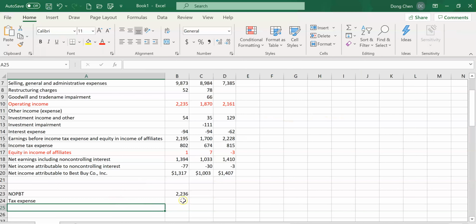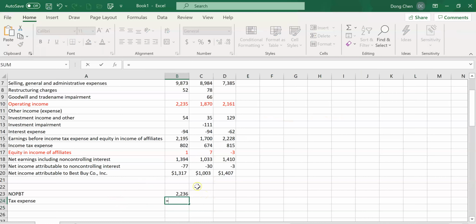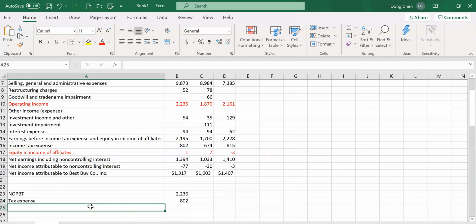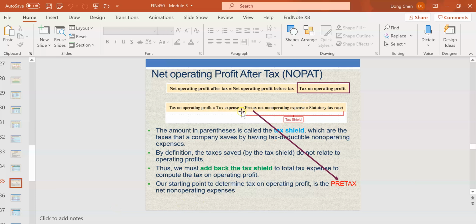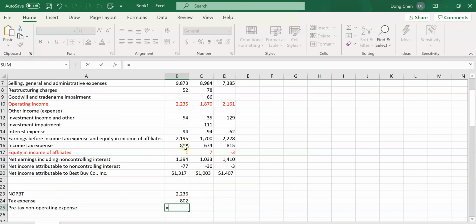So tax expense, basically that's income tax expense here, and pre-tax non-operating expense here. Notice it's plus, so here it's treating the expense as a positive number. But in this case, you can see that interest expense is actually in a negative format.